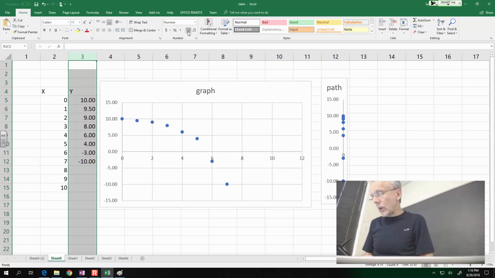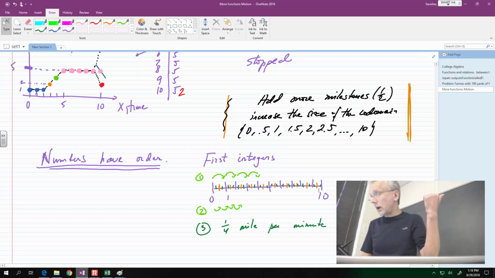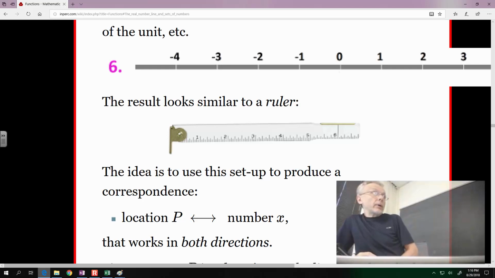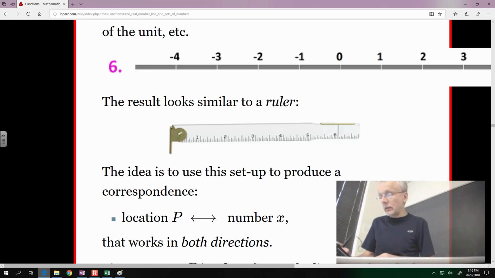So we can have a regular ruler, or you can have a decimal ruler. The difference will be only that you divide not in half, but in 10 equal parts. So that's the metric system for you.